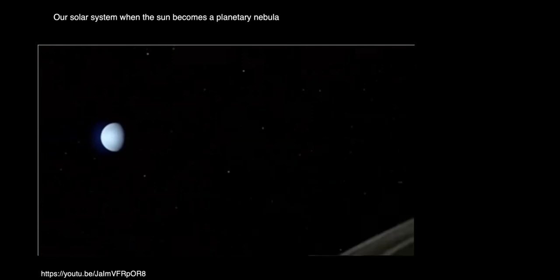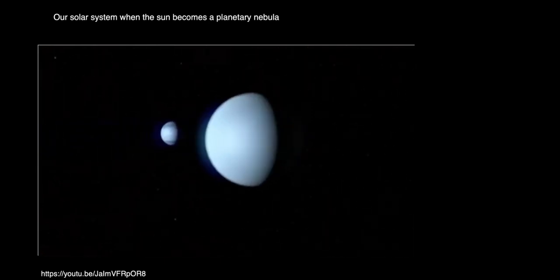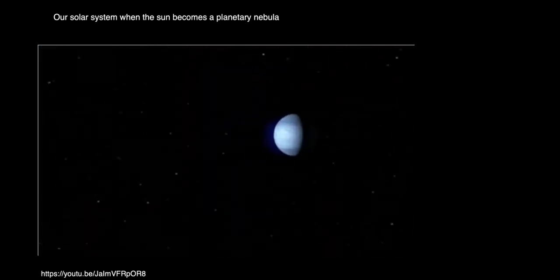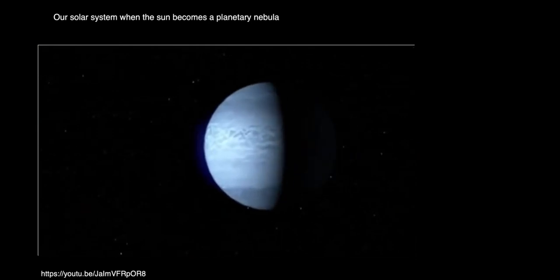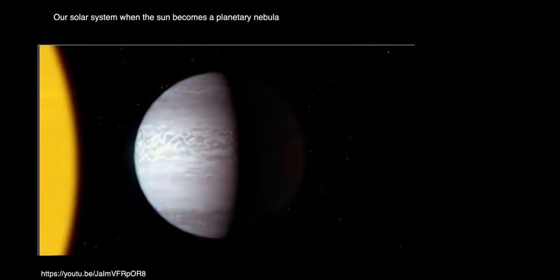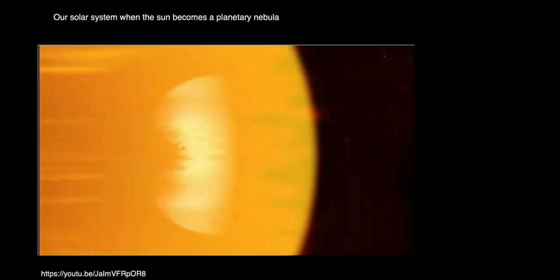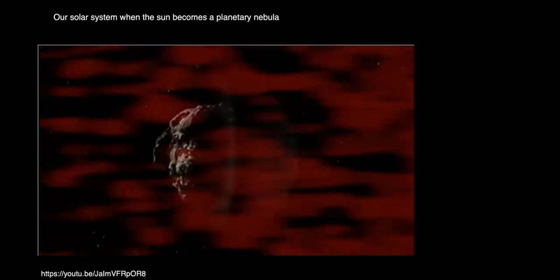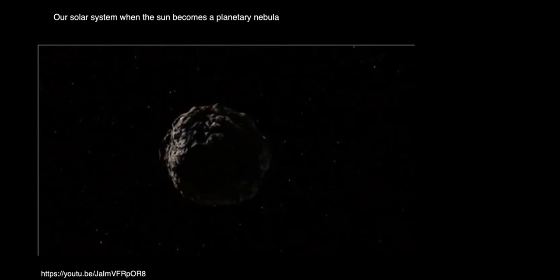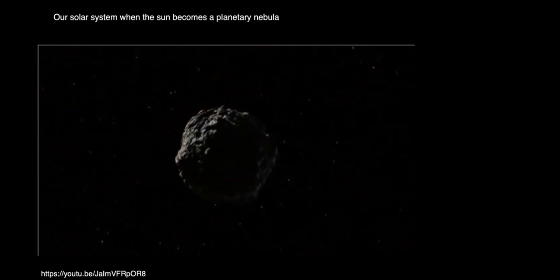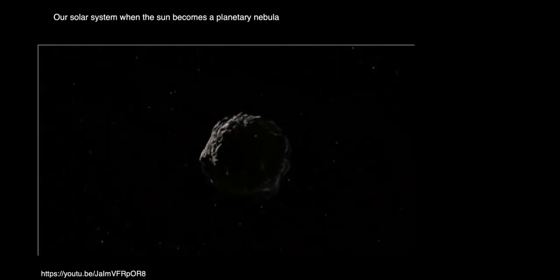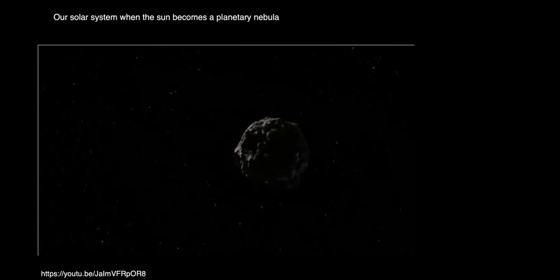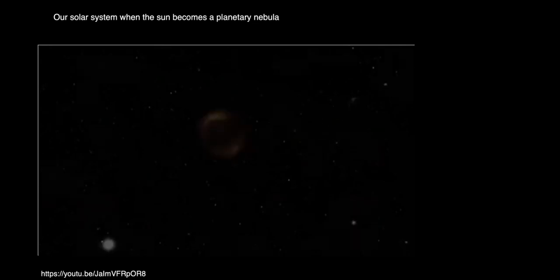The planets that survive this process, the outer ones like Saturn and Neptune, are utterly changed by it. The planetary nebula blows away their gassy atmospheres, leaving small, rocky and metallic cores behind. The distant planets, no longer held by the less massive sun's gravity, drift into the vastness of space.